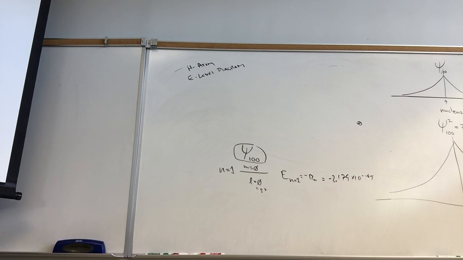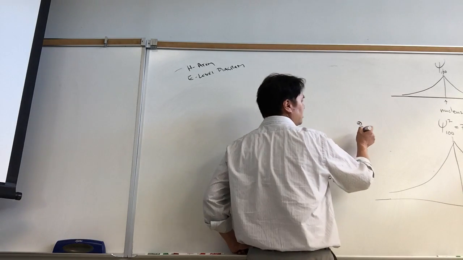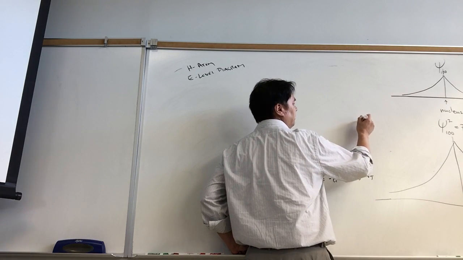And so psi squared approaches 0 as r approaches infinity. And so there's a minuscule probability that the electron can be found very far from the atom. But it's minuscule. And so when we visualize this, we can visualize it using electron cloud.